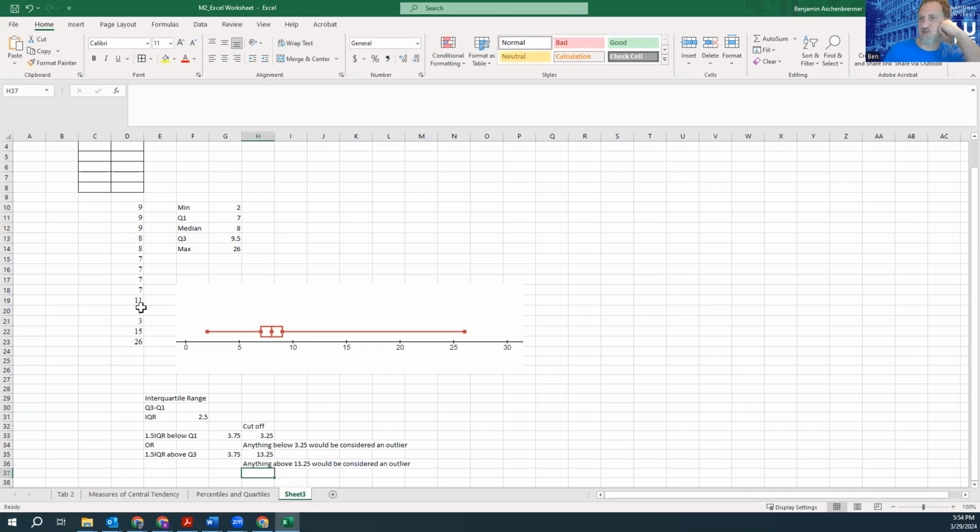So basically, the last 4 numbers that I just threw into the data set are outliers because they're significantly different than the rest of the data, which is captured in this range here. And that's what we're trying to show with these IQR calculations. Okay, hope that helped.